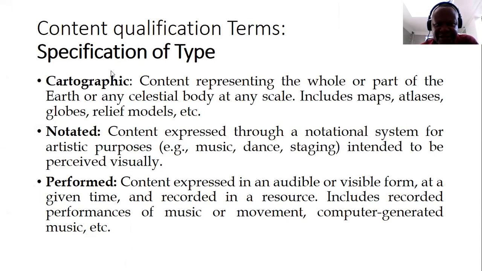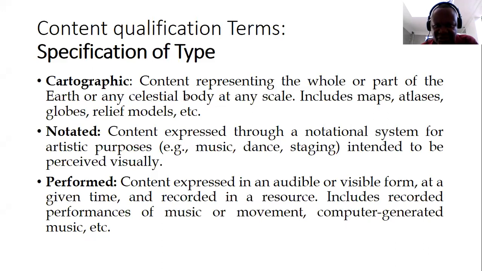So basically these are the specification of type. The first one, cartographic, is used when the material we are cataloging is representing the whole or part of the earth or any celestial body.